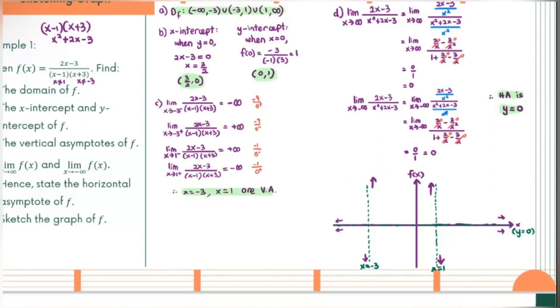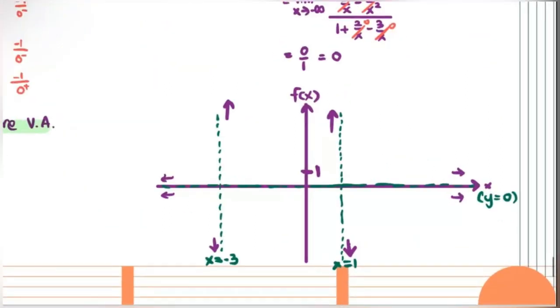Okay. Sekarang ni kita nak sambungkan dia, tapi kita ada intercept. Intercept kita adalah dekat when x equals to 0, y sama dengan 1. So ini adalah y equals to 1. Dan when x equals to 3/2, so sini adalah 3/2, the value of y will be 0. So dekat sini adalah 3/2.